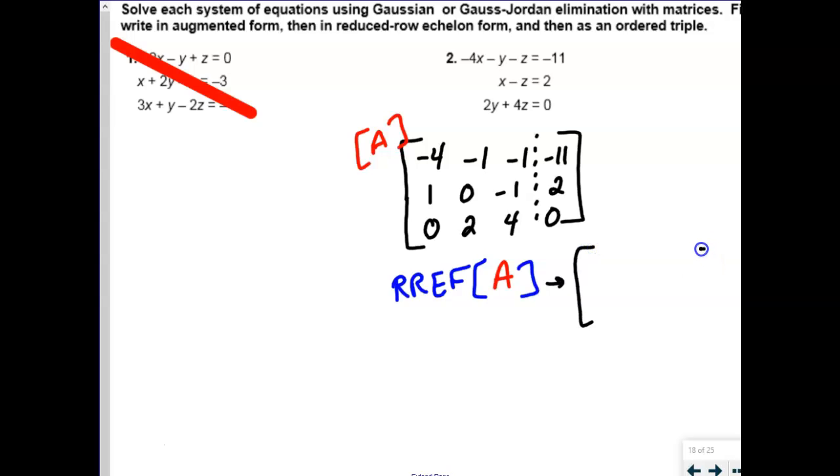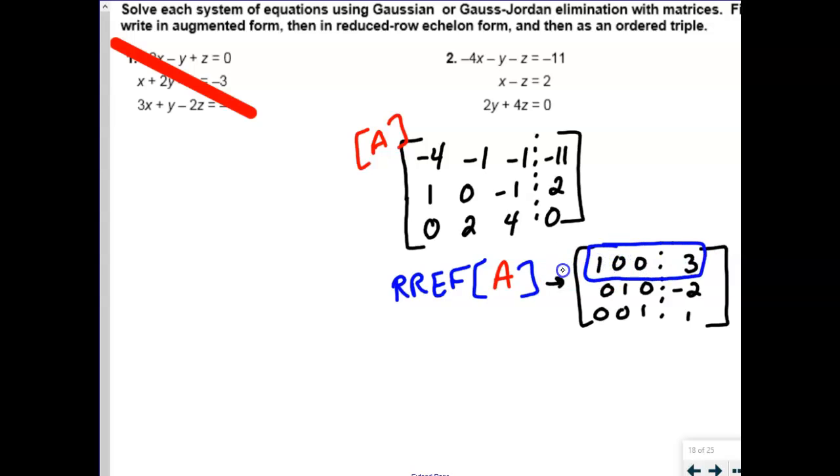And I'm going to write down what my calculator showed me. I think this is one of those cases where they just give you a straight ordered triple.